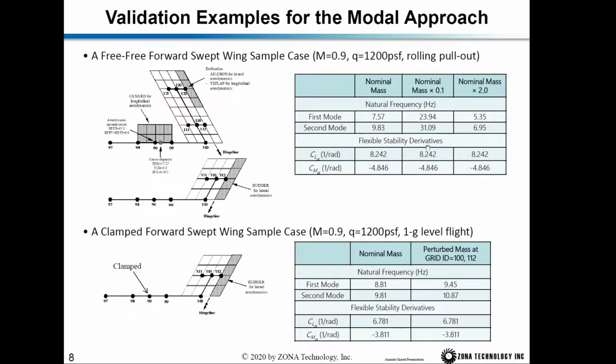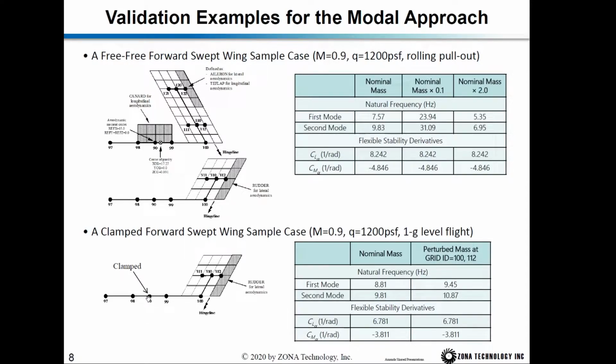But when you calculate the flexible derivatives, they are unchanged. If you multiply all masses by a factor of 2, the natural frequencies decrease, and the flexible stability derivatives are still unchanged, because if you scale all masses down or up, the CG is unchanged. Therefore, the flexible stability derivatives computed by the modal approach are unchanged.